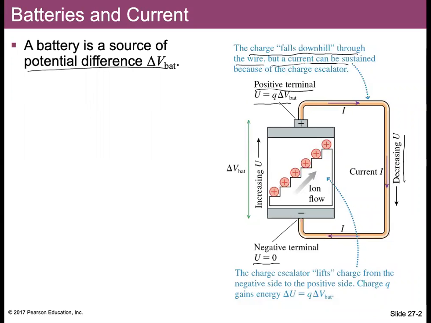But a current can be sustained because of the charge escalator. The charge escalator is moving our charges up within the battery, so the battery supplies this source of increasing potential energy.